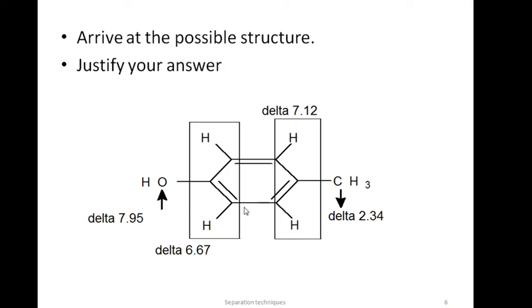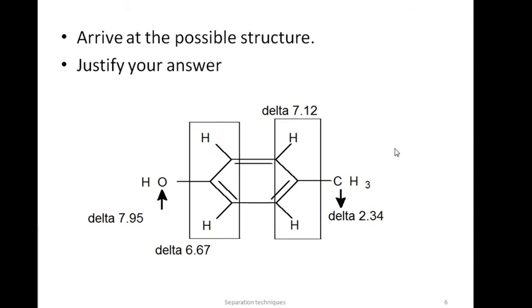If you had CH3 here, then you would have 1 H here, 2 protons here and 1 more proton here. So in NMR, these 3 protons would give 1 value, and this proton would give 1 more value if it was meta. If it was the ortho position, you would have this proton giving you 1 value, this proton giving you 1 value, and these 2 protons giving another value. So you would have 3 signals.